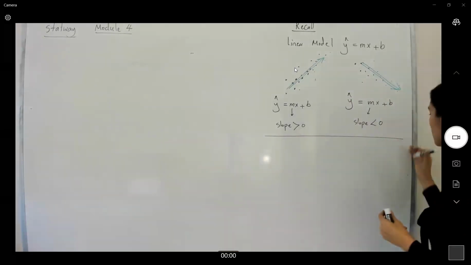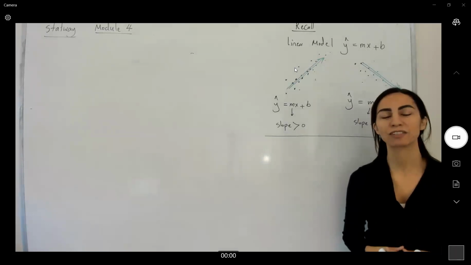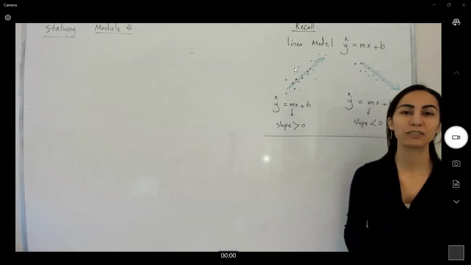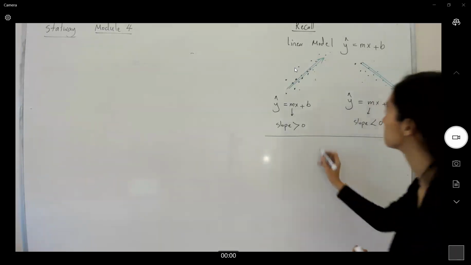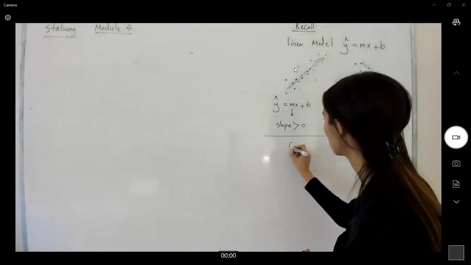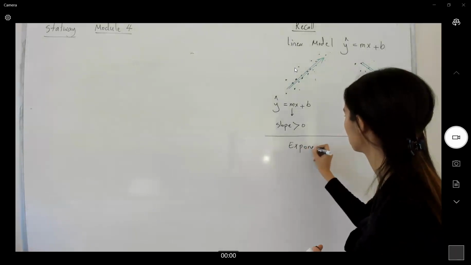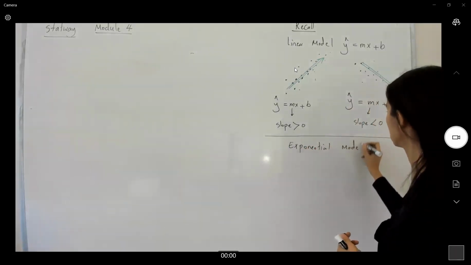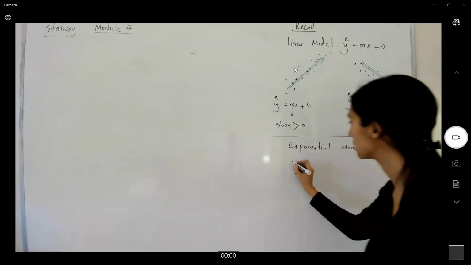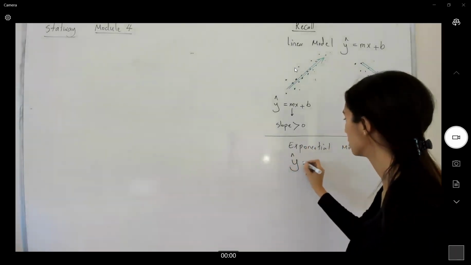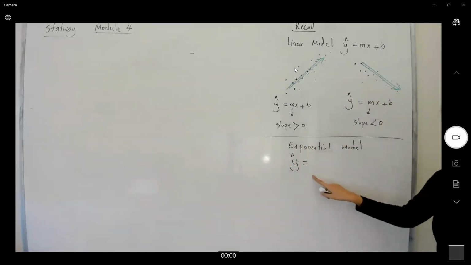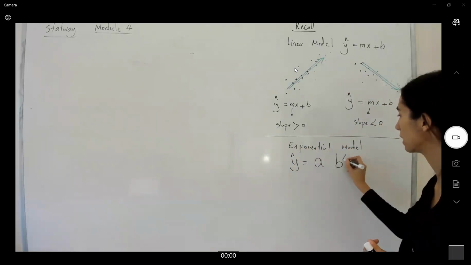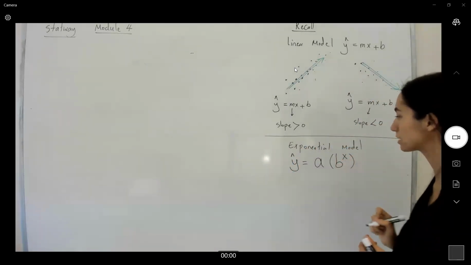Then we started talking about different patterns, different data, different scatter plots, with actually different models. So we talked about the exponential model. Remember that we defined the model as a mathematical equation y hat equals a times b raised to exponent x.